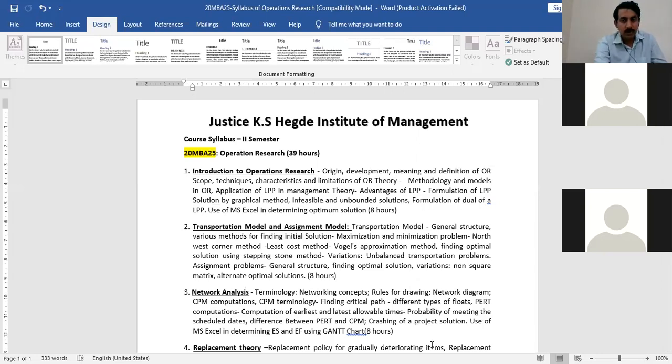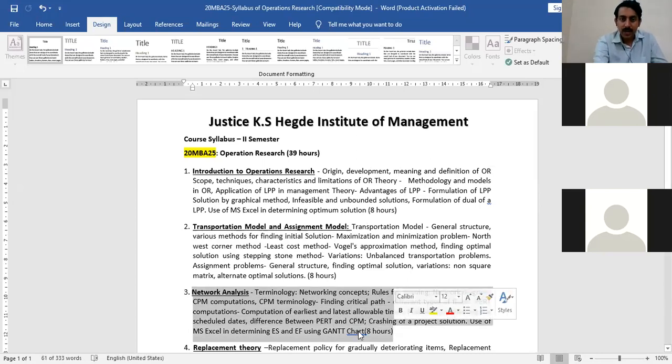So what we'll do in this particular session, 5 more minutes is remaining, is we'll start with the third module, that is network analysis. We'll just write the definition of the same, and after that we'll conclude.